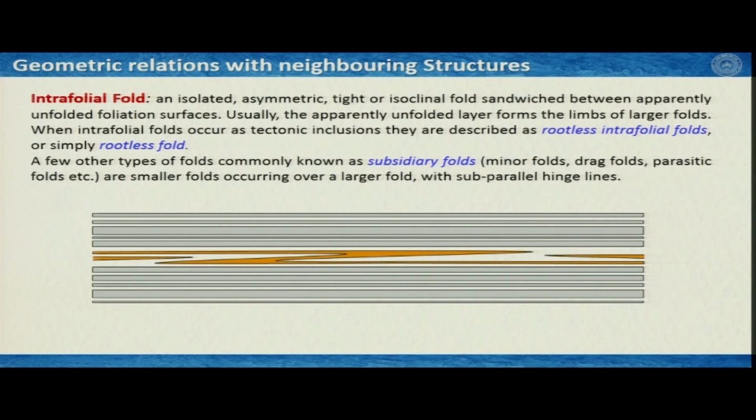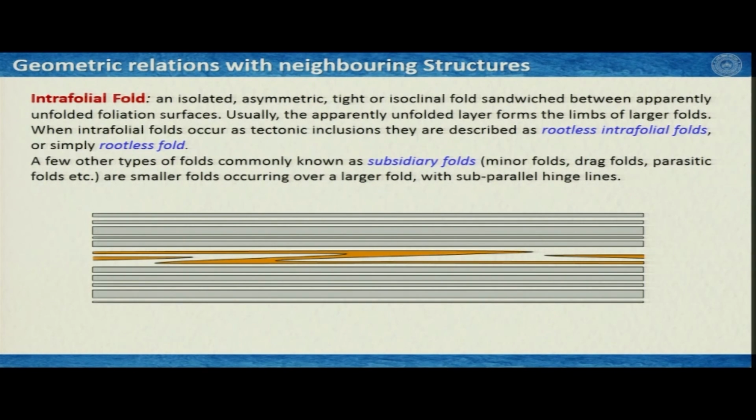When intrafolial folds occur as tectonic inclusions, they are described as rootless intrafolial folds, or we simply define it as rootless fold. And in this context there are few other type of folds. So, we generally term them as subsidiary folds like minor folds, drag folds, parasitic folds, etc. These are kind of smaller folds and they occur over a large fold with subparallel hinge lines.